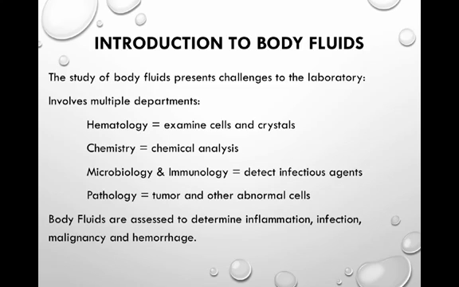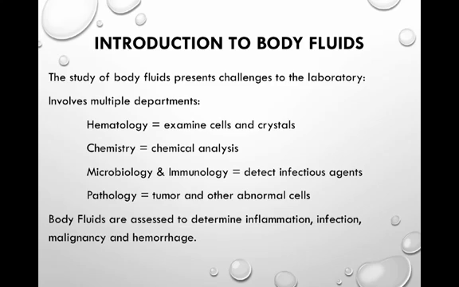Microbiology and immunology are going to detect infectious agents by doing gram stains and cultures. Unfortunately, culture is not a stat thing, but we want information right away from something like a spinal fluid. So gram stain is one of the most rapid tests we do in microbiology.